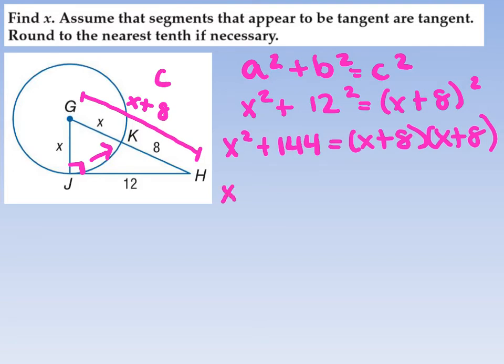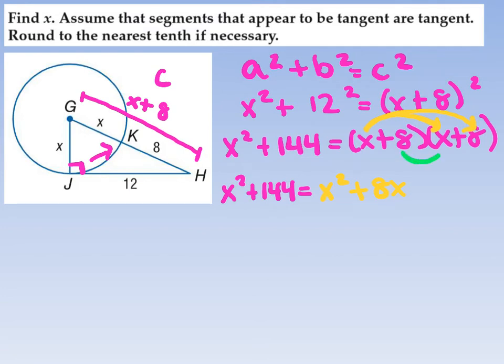When we do that, the x squared plus 144 is going to stay the same. When I FOIL, we multiply the x times the x, gives us x squared. The x times the 8 gives us plus 8x. And now we're going to have to do the same thing to distribute with the 8 in the second half of the parentheses.